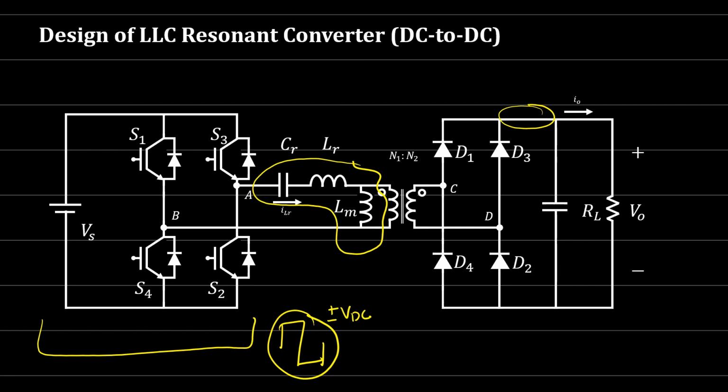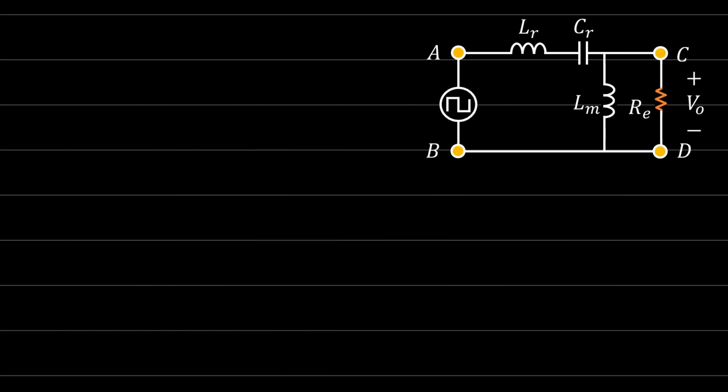Let's look at the equivalent AC circuit of this converter. Here we replace the input with an AC square wave voltage source, and the output with the equivalent resistance. Here we have LM, the magnetizing inductance, and we have CR and LR.